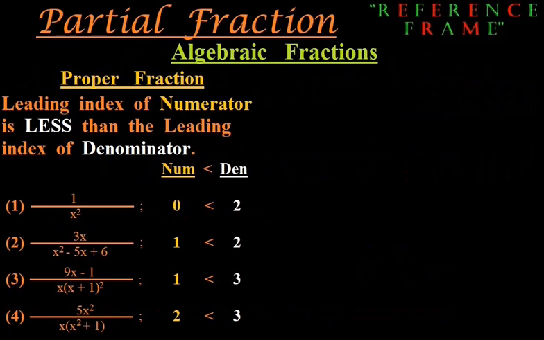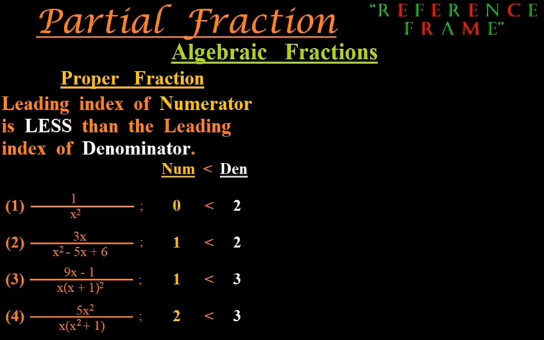This time we need to know what a proper fraction is. Since we are dealing with algebraic fractions, we are talking about proper algebraic fractions. Proper algebraic fractions are those fractions where the index of the variable in the numerator is less than the index of the variable in the denominator.